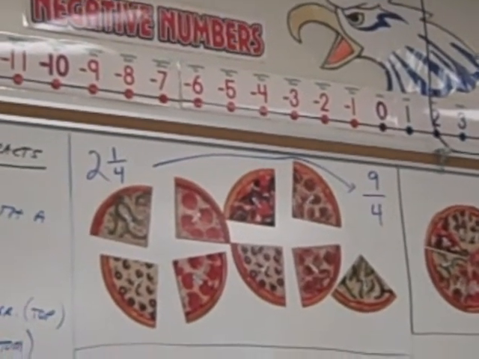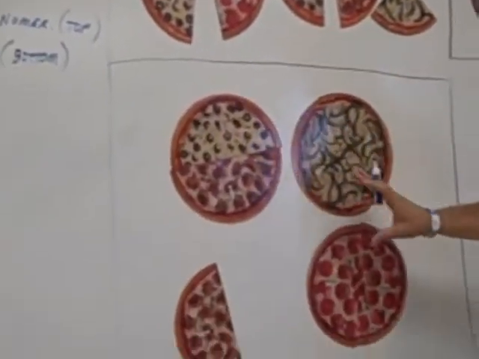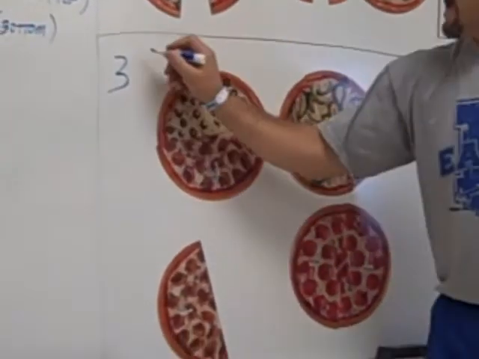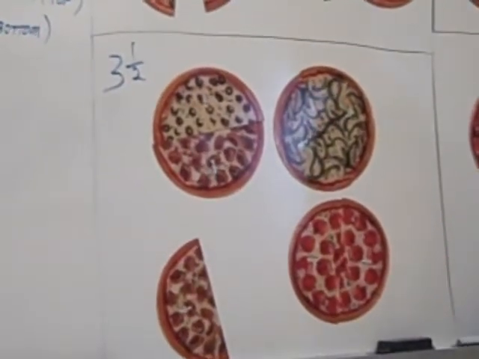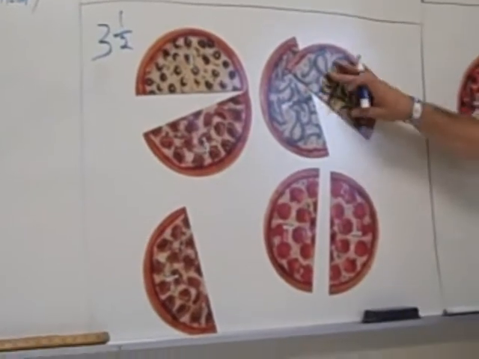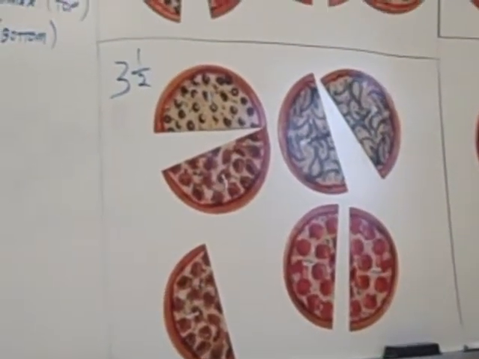Boy, that was hard. What do I have down here? 3 whole and a half. Well, I want it just as a fraction, improper. What do I have? How many? 7.